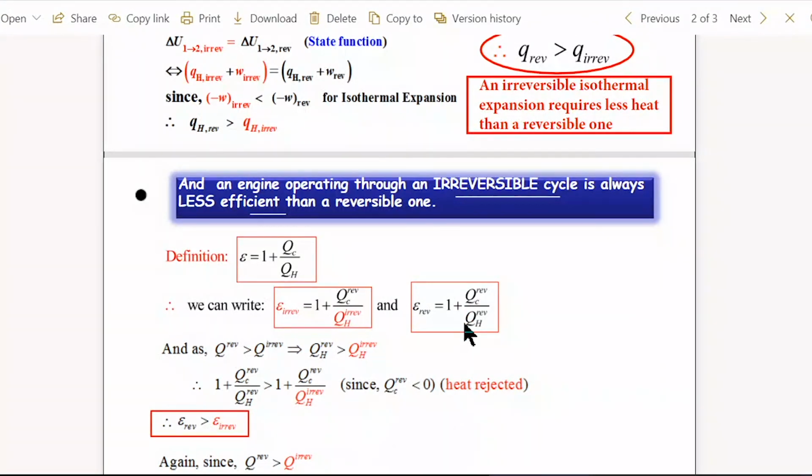And since this is going to be smaller than this one, comparatively this fraction will be slightly higher. So 1 minus the higher fraction will obviously have the value of epsilon calculated lower than this value of epsilon calculated when I am having this.